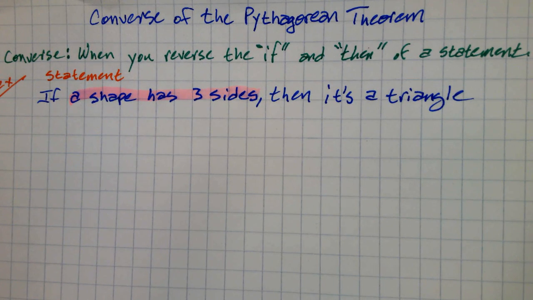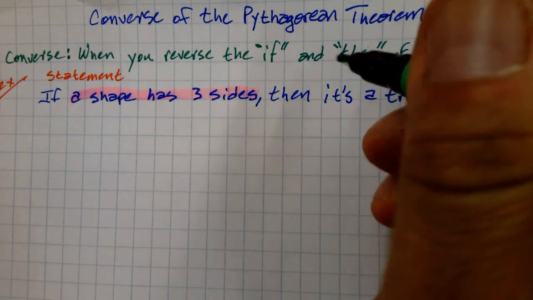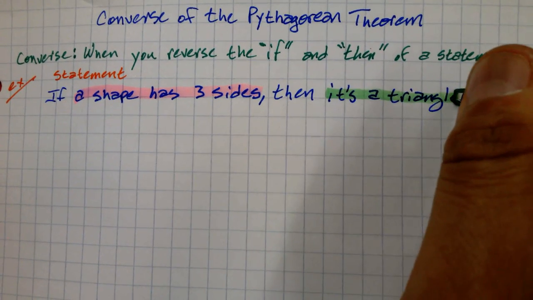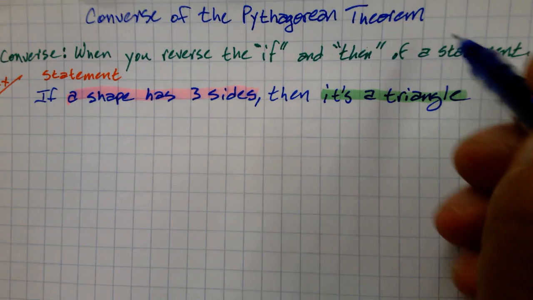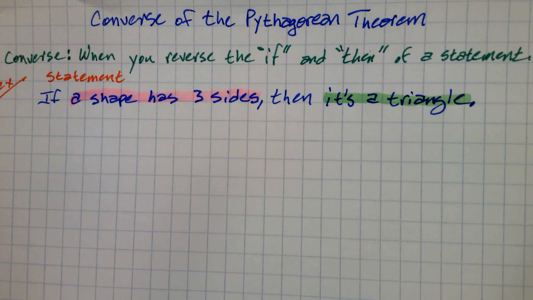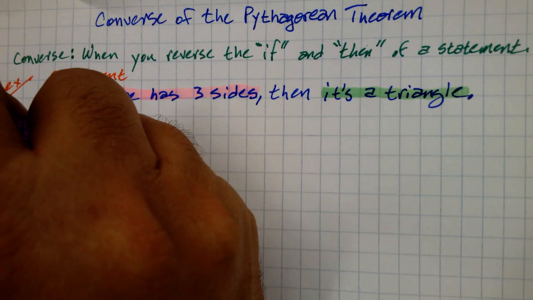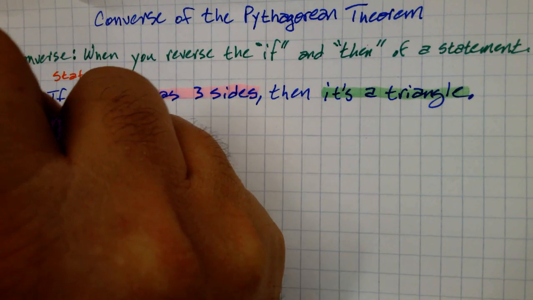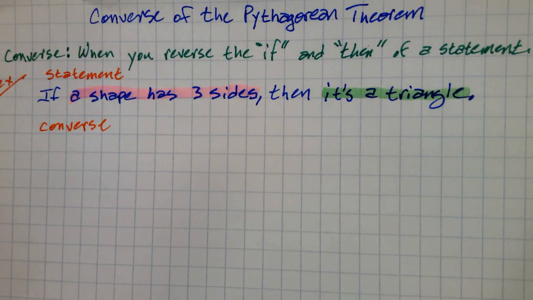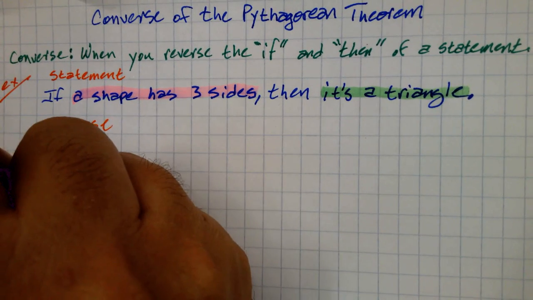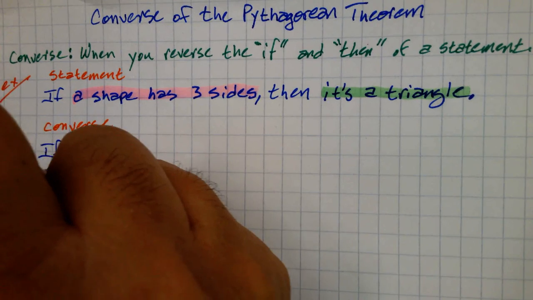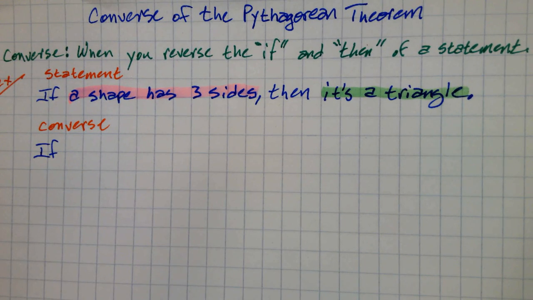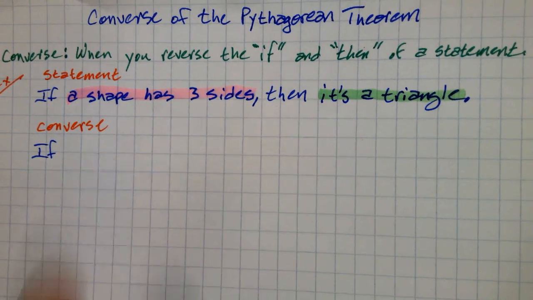Let me get another color so it will stand out. Okay. So there's my original statement. Let's flip it. So the converse is going to say this. We start with an if statement still. If, and so we're going to write this part over here.